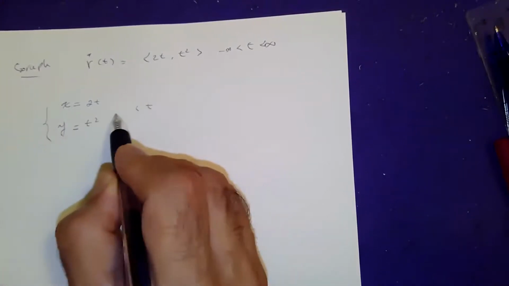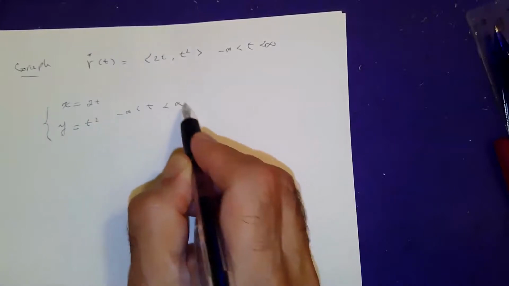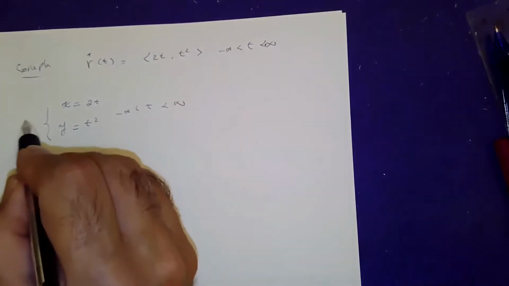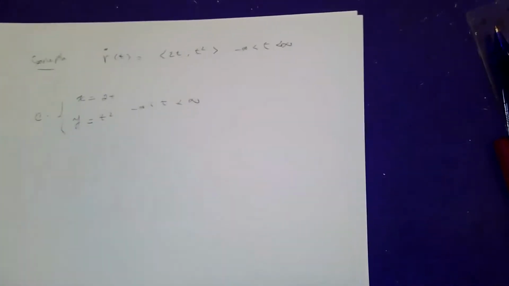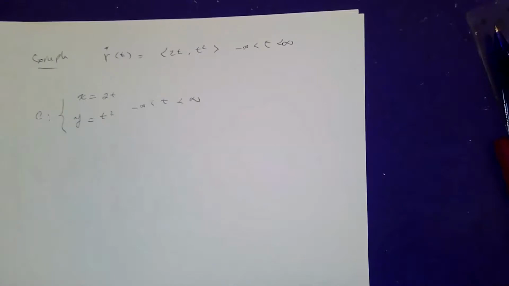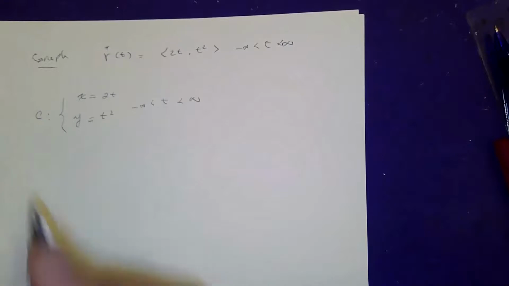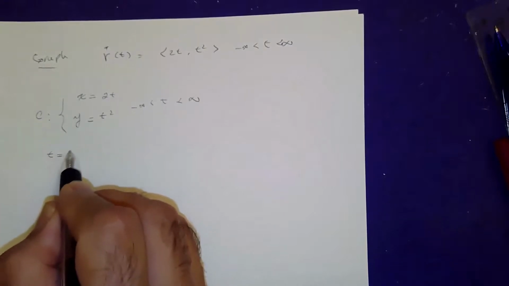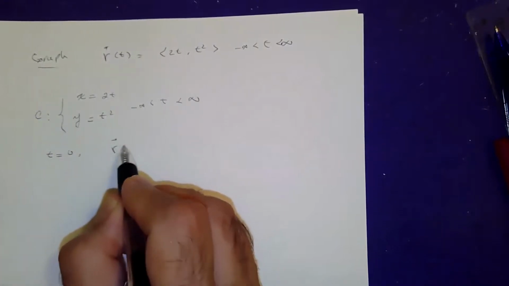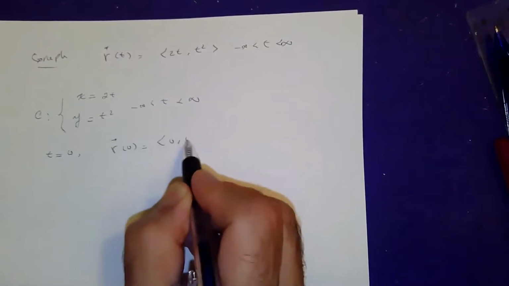Okay, so that would be the parametric equation of the curve. C stands for curve. Incidentally, why do I call this a vector value function? You give me a value of t, I will give you a vector.